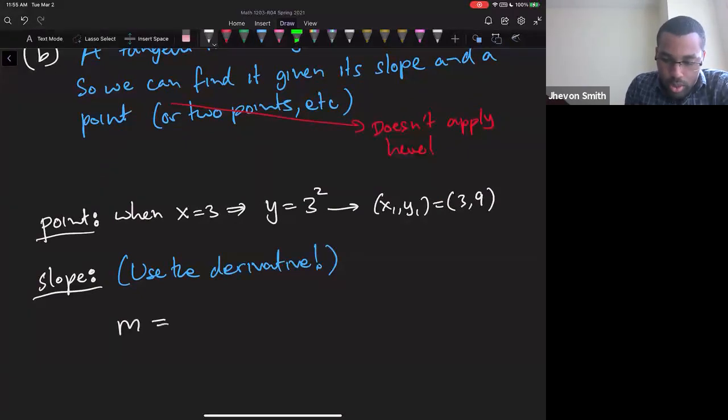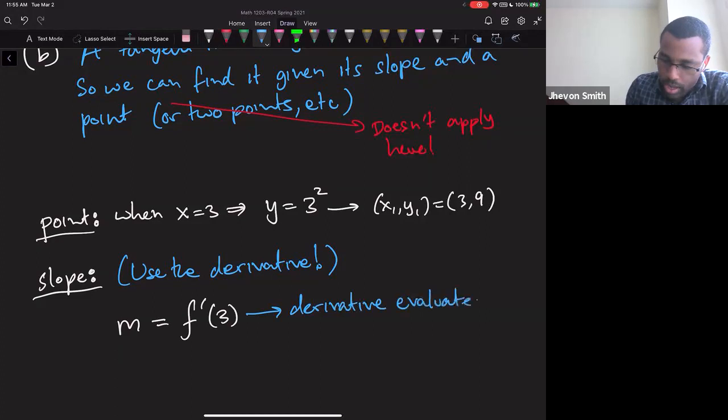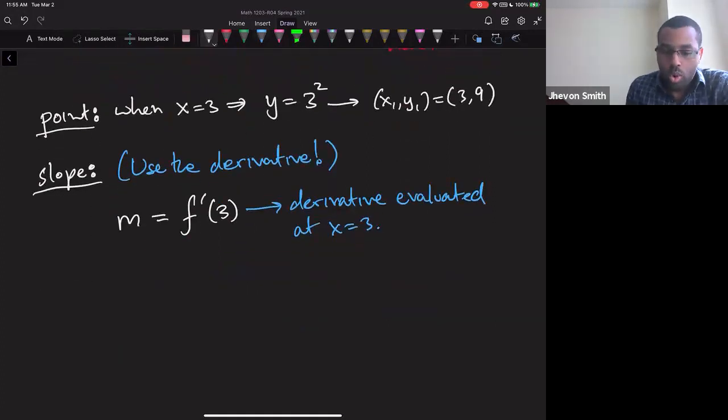M is equal to the derivative evaluated at x equals 3. I can just think of it as a formula or a function. So what is that?